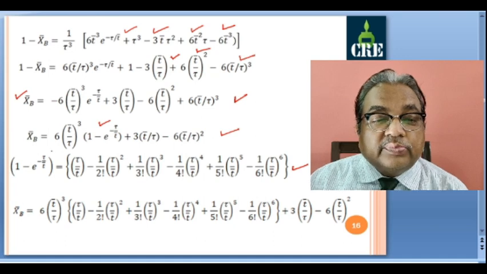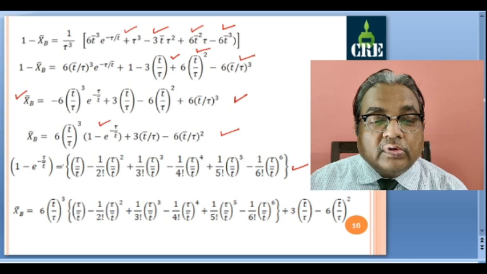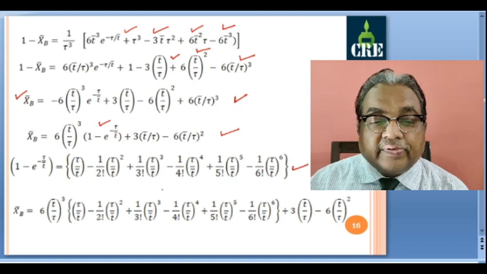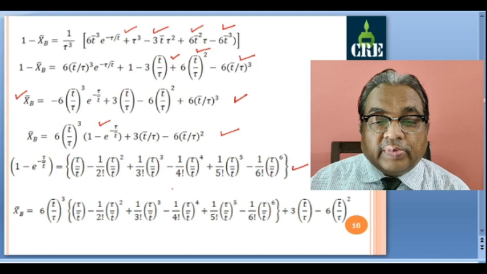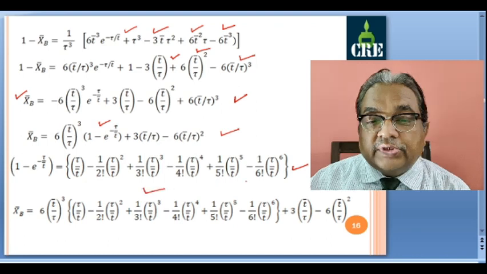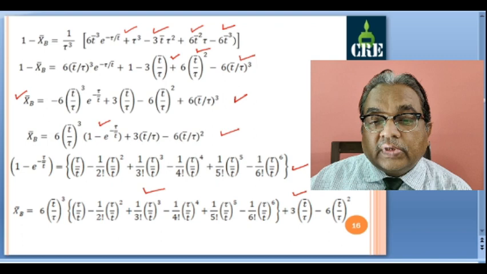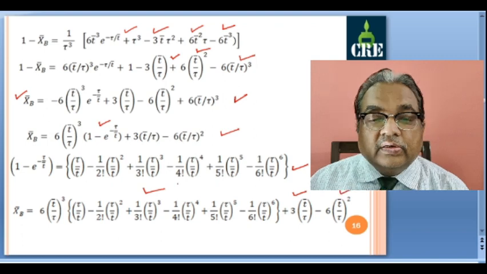All higher orders you can write. So xb I can write as 6 into t bar by tau whole cube. For 1 minus e raised to minus tau by t bar, I can write this bracket. This bracket as it is I have reproduced here, and plus 3 t bar by tau minus 6 t bar by tau whole square, this term we have.